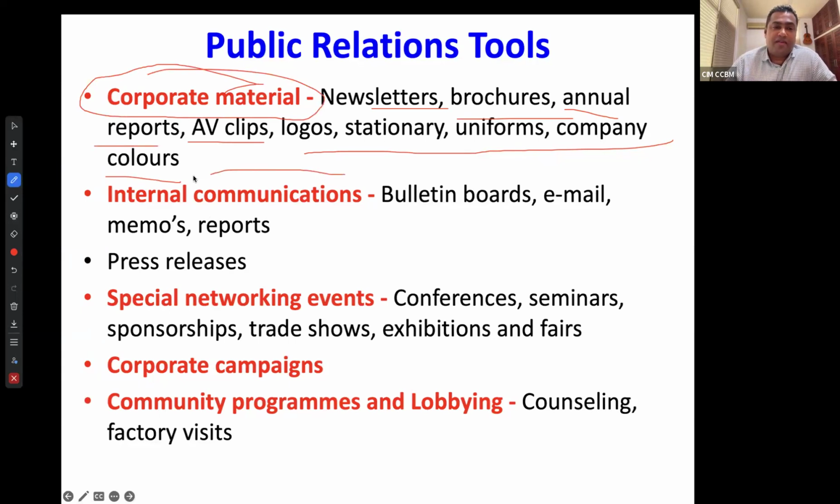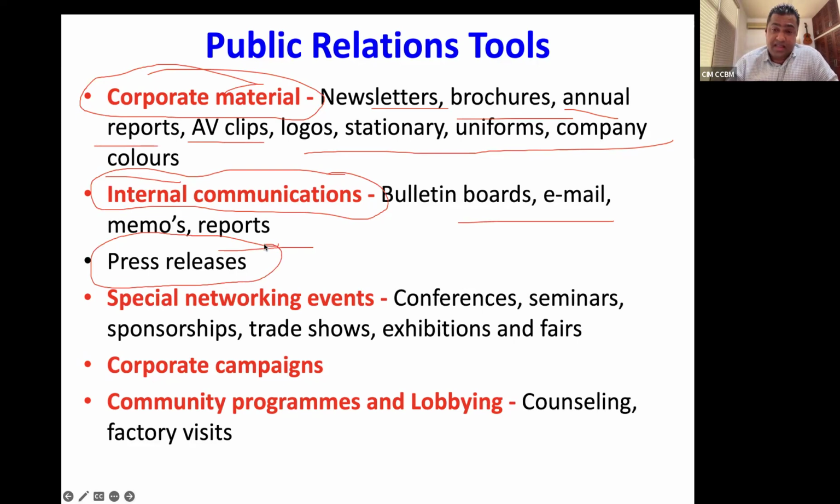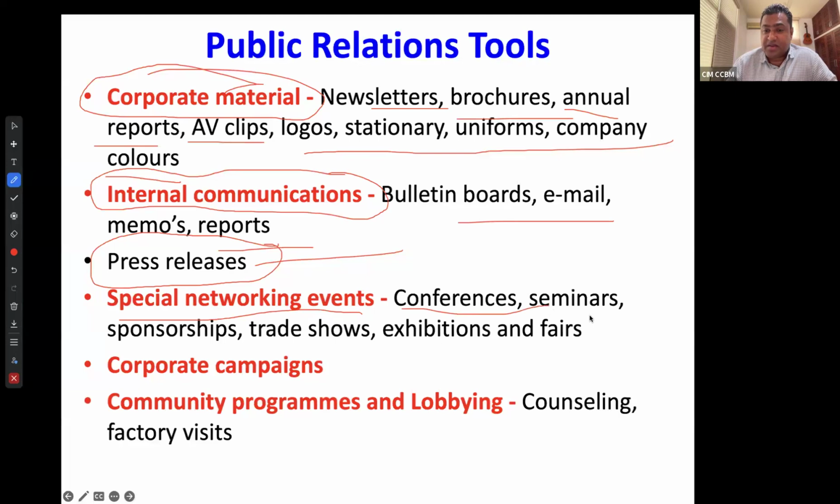Then you have internal communications: things like your memos, reports, emails, billboards. Press releases: you can release a media release, invite the press, give them food and drink, and launch a new product. They will go and write about the new product. Then special networking events, conferences, seminars, exhibitions. All these things are forms of PR tools.